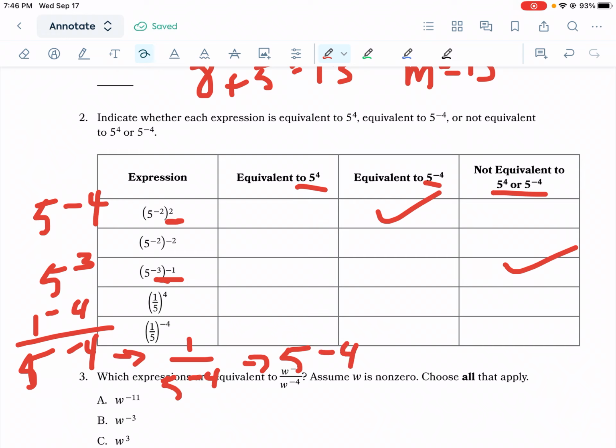So 1 over 5 to the negative 4 in exponential form from fraction form will be 5 raised to a positive 4 value. Okay? So this will be equal to that. I'll leave you to do the other 2 on your own in your free time.